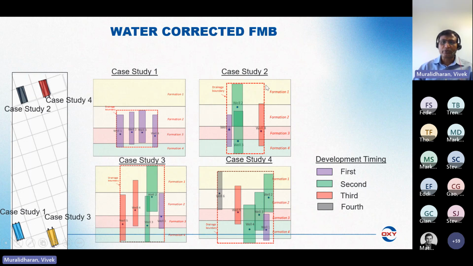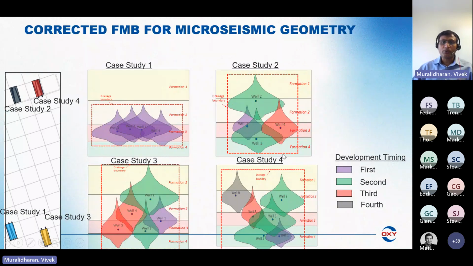When you correct it to a teardrop shape, this is how the overlap looks for all of these case studies. In case study 1, with all the Gen 1 in the same formation, you can see there's quite a bit of overlap between those wells. Whereas with the staggered development, the overlap is pretty minimal.